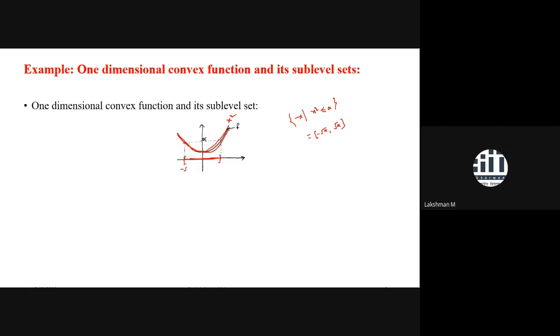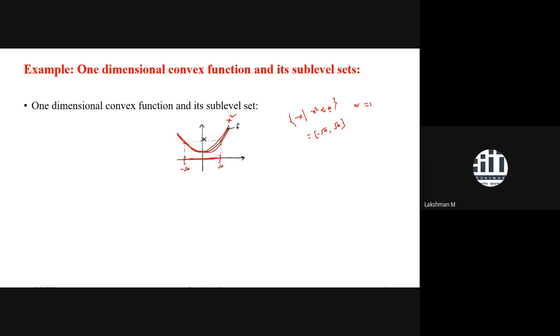Similarly, if you take any sublevel set, suppose alpha equal to 1 or 2 or whatever. Remember that here it is a square function, so alpha can't be a negative number. A square number can't be less than or equal to a negative number, so alpha must be positive or 0.